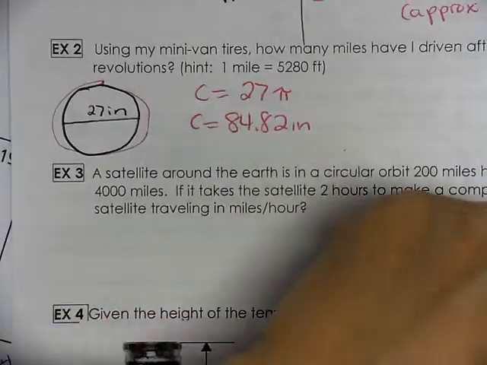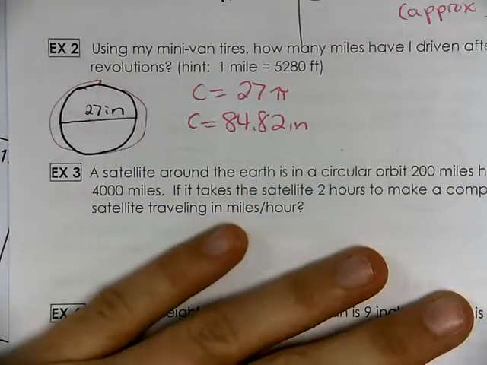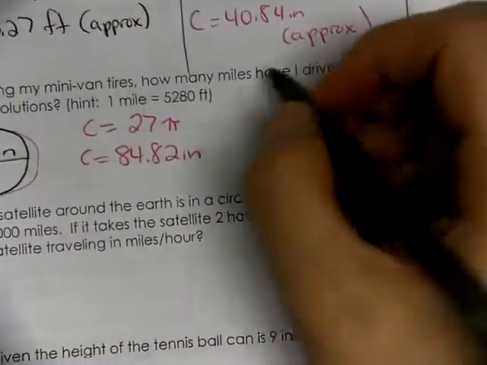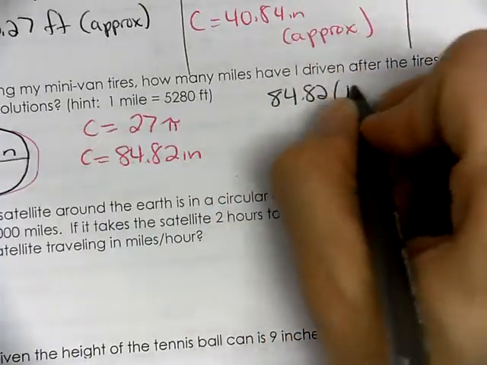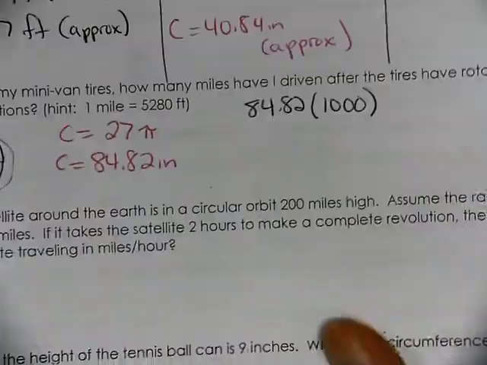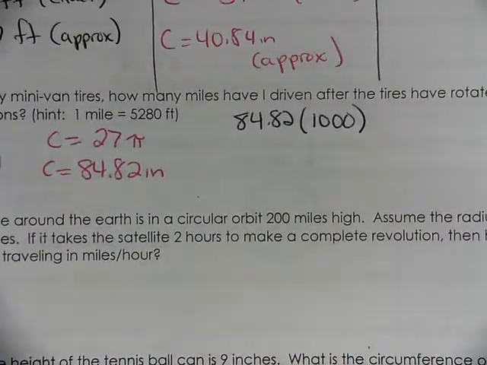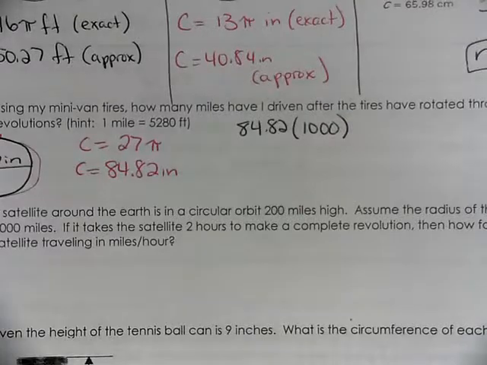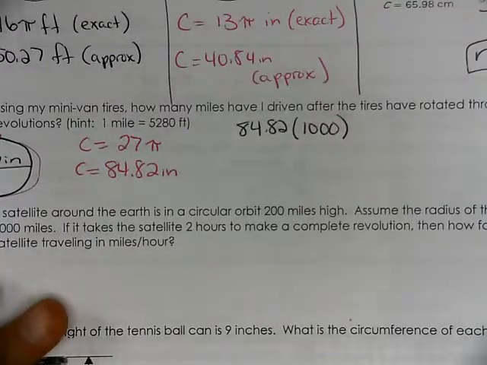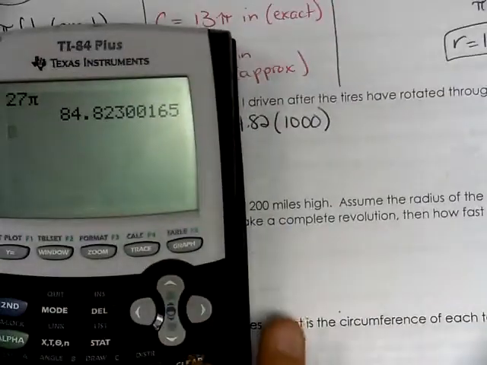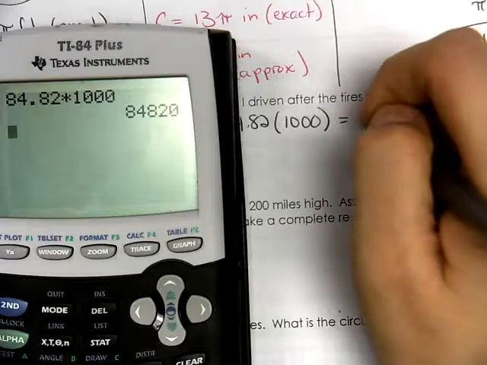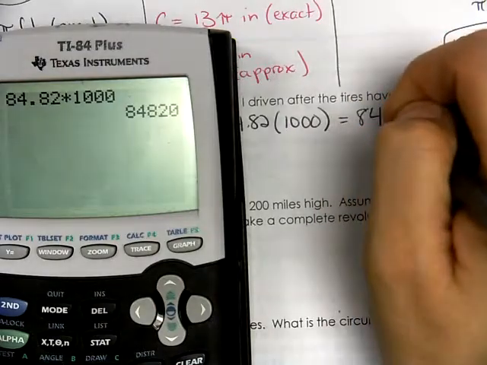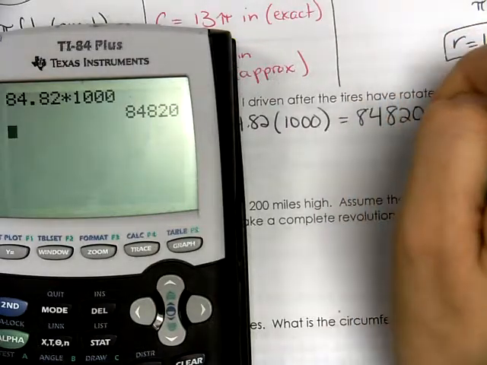I'm trying to figure out if it's rotated 1,000 revolutions, so my next step is to take 84.82 and times it by 1,000. I'm trying to figure out the distance my tire rotated 1,000 times. 84.82 times 1,000 is 84,820 inches.